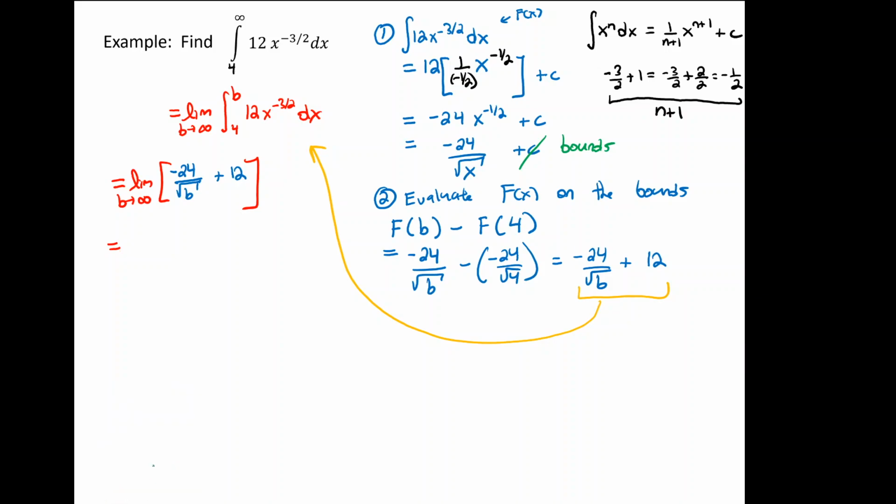Okay, I'm going to write down this weird looking step. Limit b approaches infinity of 24 over the square root of b. I know there's a minus sign there, but I don't want to cause clutter. So this is going to end up looking like 24 over the square root of infinity.